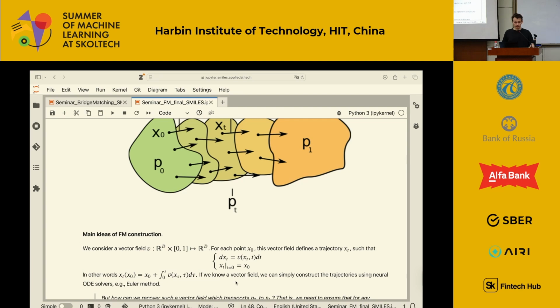In practice, we can easily infer our ordinary differential equation with some numerical approximation solver, for example the Euler solver or other more enhanced higher-order solvers like Runge-Kutta or Dopri.